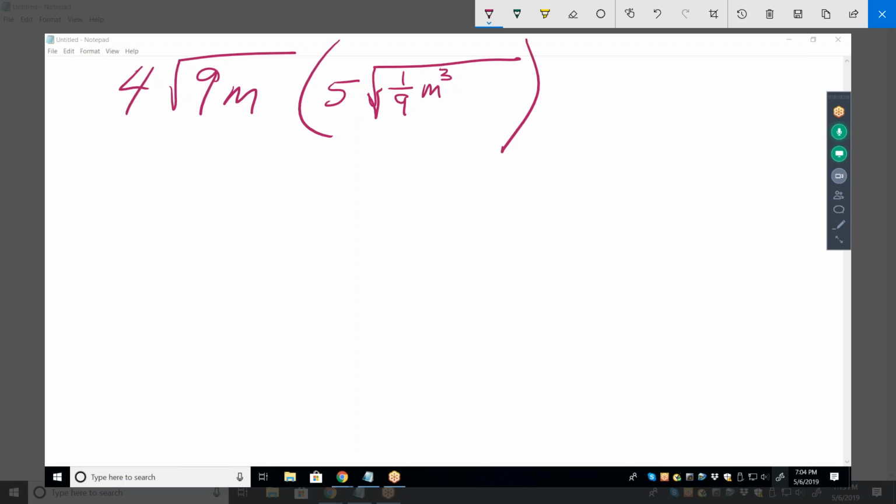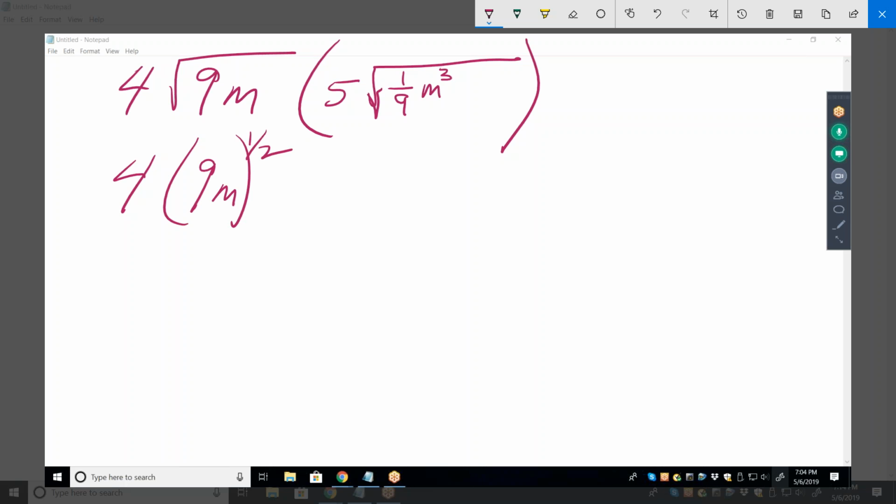Best thing to do is to write each expression as a fractional exponent instead of with a radical sign. In other words, how do I write this? It's 9m to the 1/2, right?